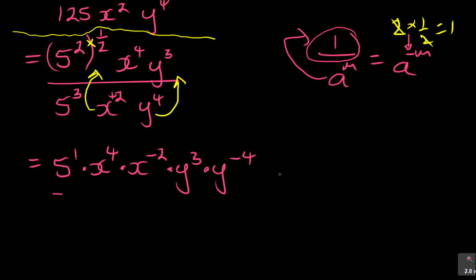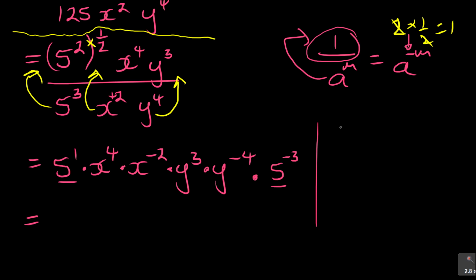Then let me take 5. It will become 5 again, positive 3 becomes negative 3. See what I'm doing? Then I was supposed to bring the 5s together, so I'm using laws of exponents.